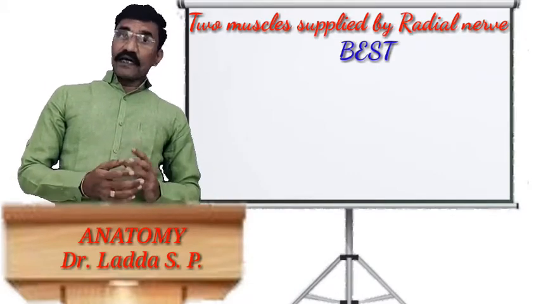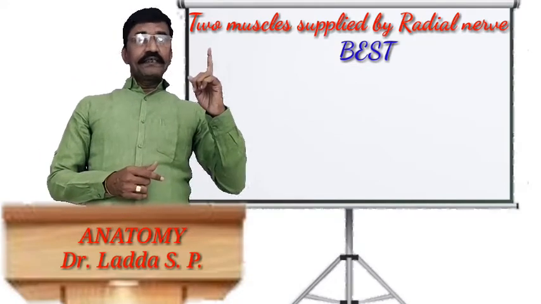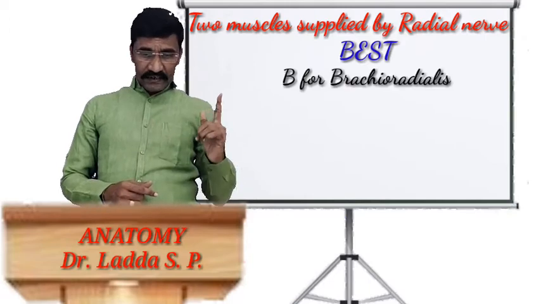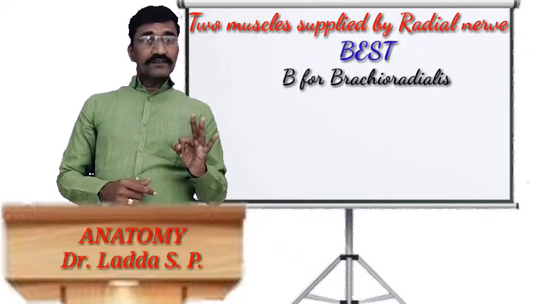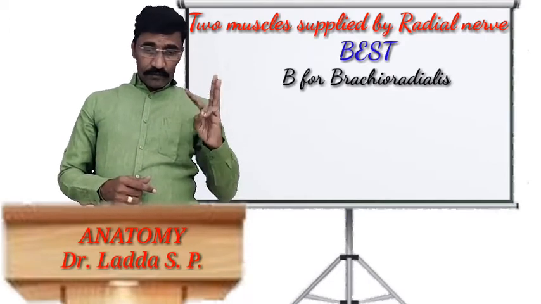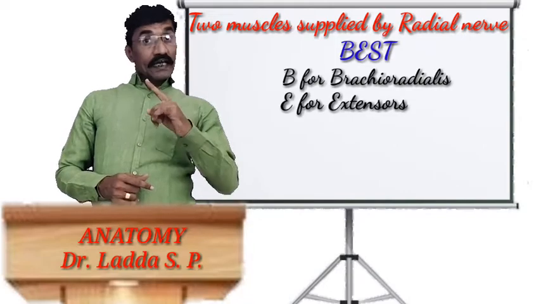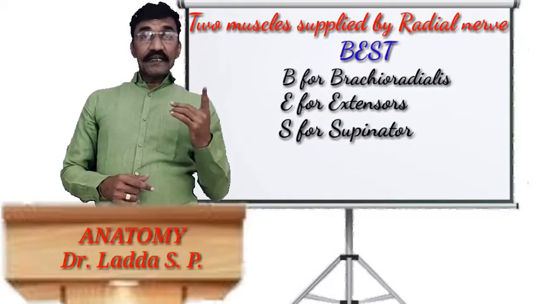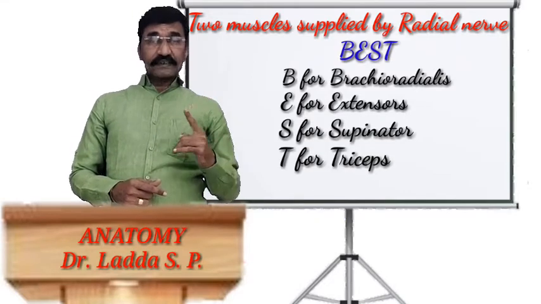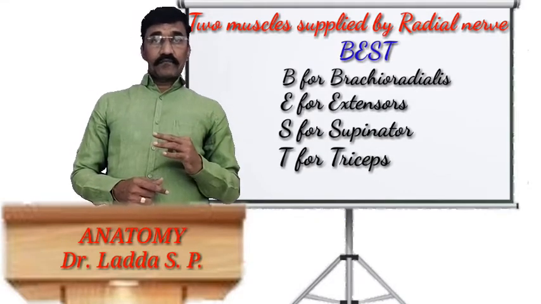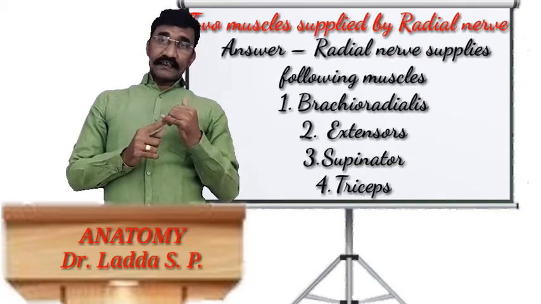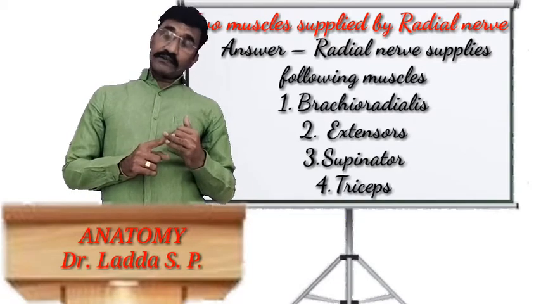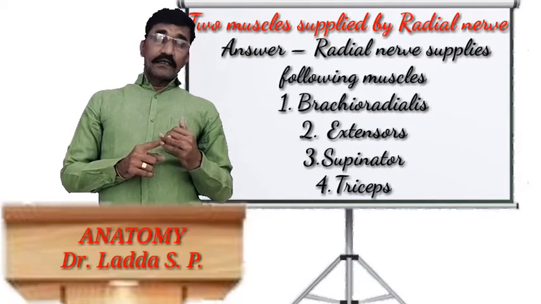So the muscles supplied by radial nerve are B, E, S and T. B stands for brachioradialis, E stands for extensors, S stands for supinator, and T stands for triceps. Brachioradialis, extensors, supinator and triceps. These are 4 muscles which are supplied by radial nerve.